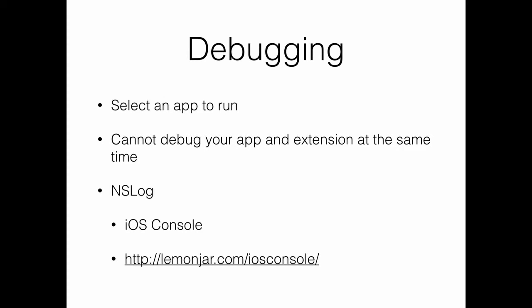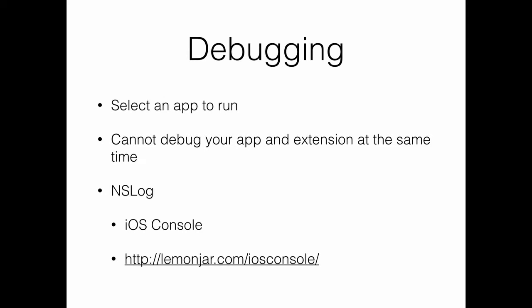You can use NSLog statements, but the problem with NSLog statements is that your app extension is running in a separate process. So in Xcode, in the output window, in the console window, you're not going to see the NSLog statements from your app extension. The way I get around that is there's a little free app from Lemonjar called iOS Console. iOS Console gives you a dump of the system console. This is also a very handy tool for just debugging other problems.